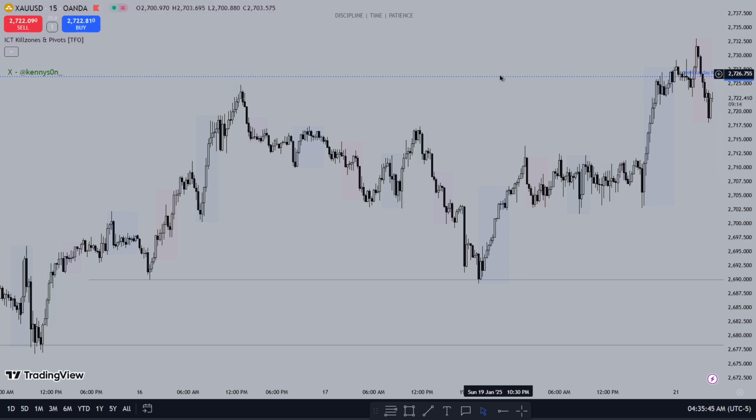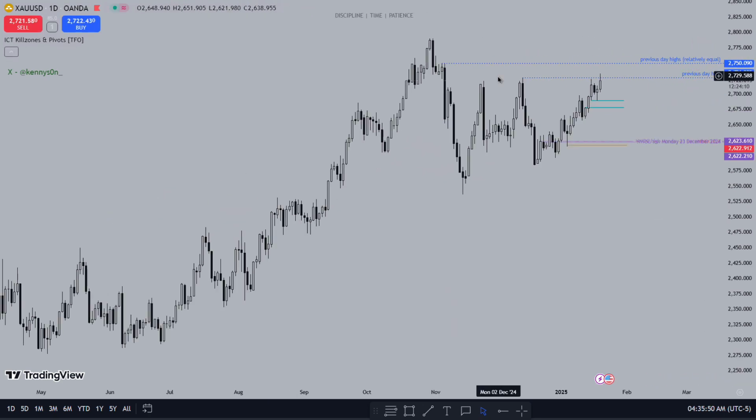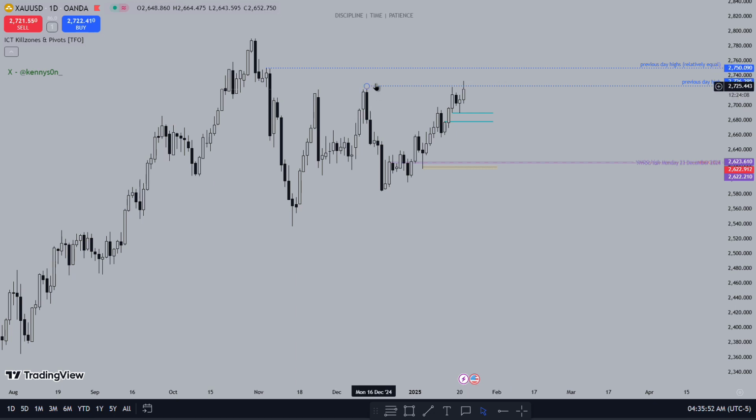Like I said, this was my drawn liquidity on the daily. I wanted this high to get taken out. After trading to this order block, propulsion block, this high was my interest, my drawn liquidity, and we blasted through it. Also, there was more confluence because we had relatively equal highs manufactured, which is good.